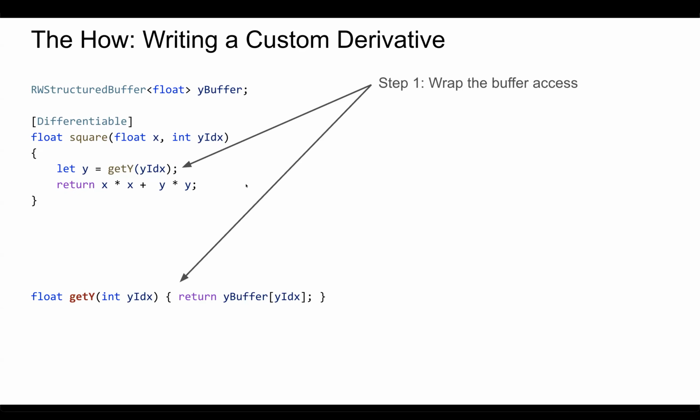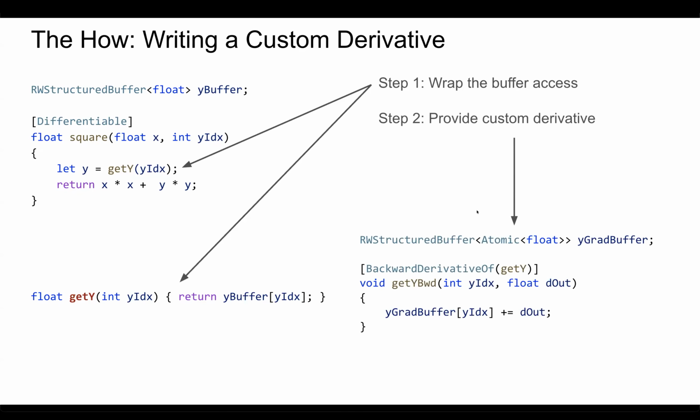The first step here is to wrap that array access in its own tiny helper function. So this function's only job is to get the value out of the array. And then you can write a custom derivative just for that tiny helper function. So in this case, what we're doing is we've created an additional global buffer to accumulate the gradients.